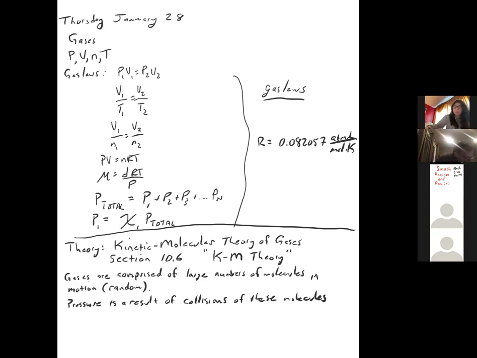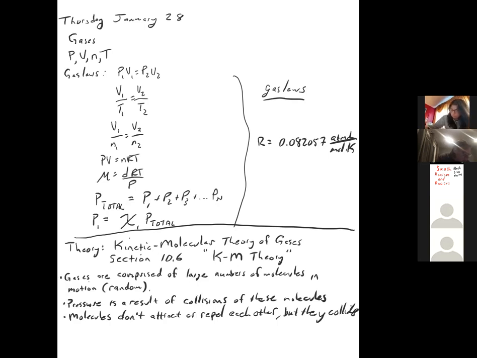And I'm also going to claim that the molecules don't attract or repel each other, but they collide. They can collide with each other. And it's those collisions that cause pressure.